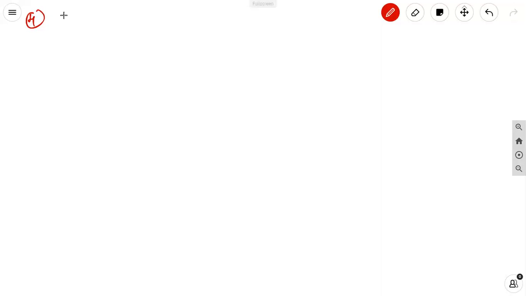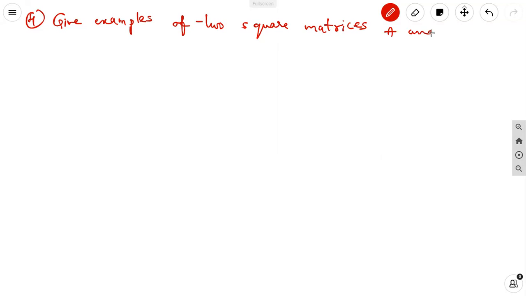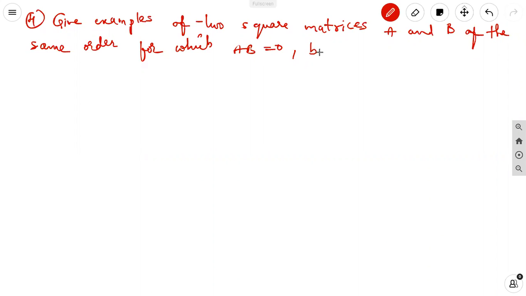Fourth problem: give examples of two square matrices A and B of the same order for which AB equal to 0 but BA is not equal to 0.